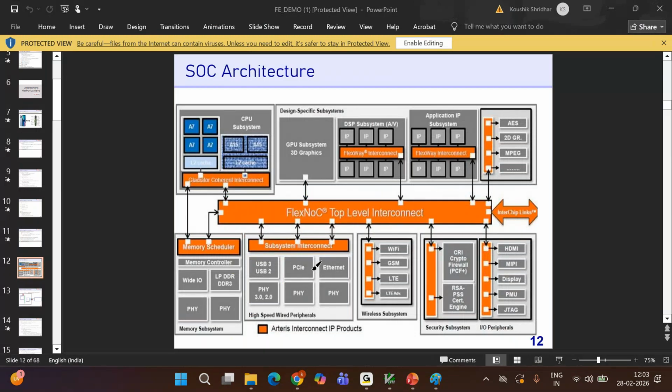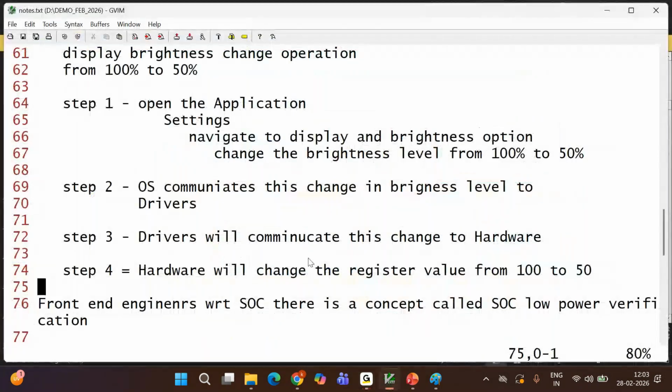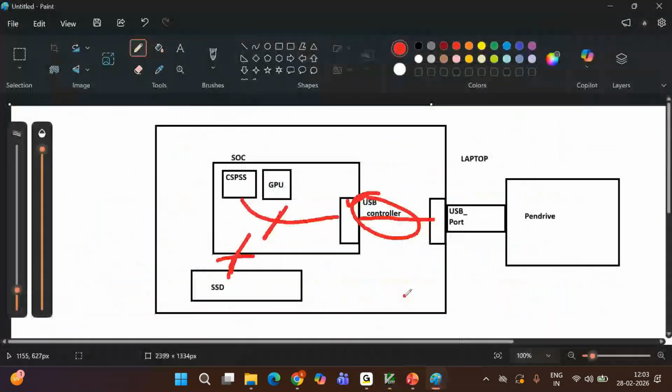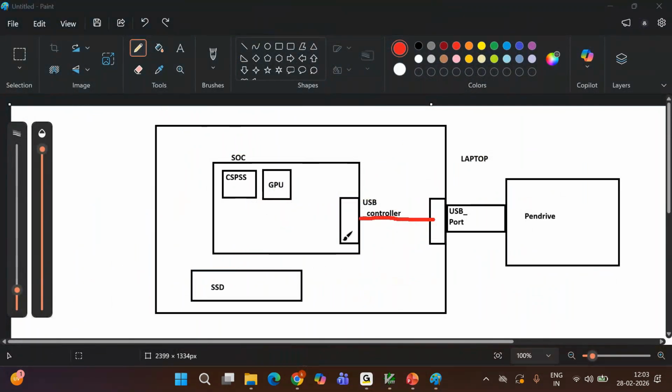I guess I previously explained to you something called a USB controller. Do you agree, Monish? Yes, sir. We understood the USB controller operation. It is a USB port, basically to interact with our peripheral.